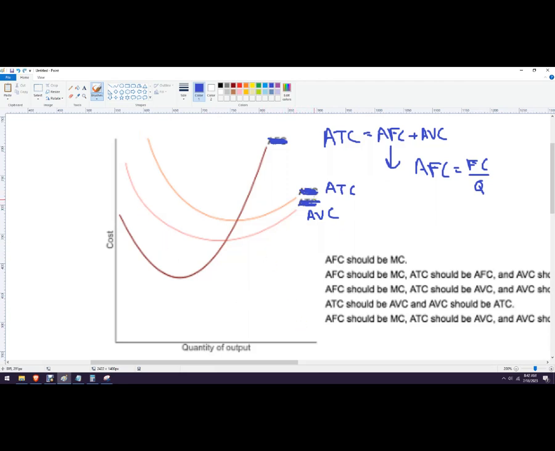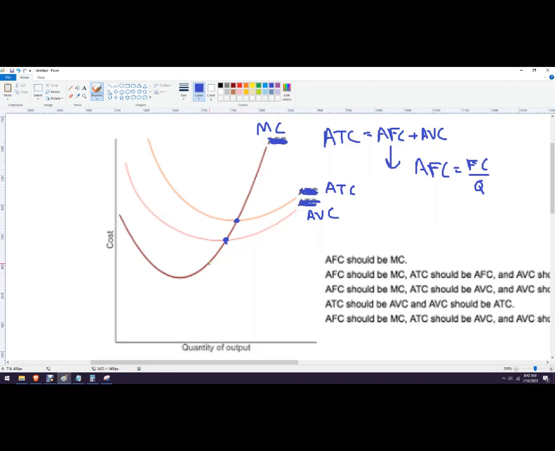So this leaves us with the last one. You can see MC is there. This one right here is marginal cost. Something important to note is that marginal cost crosses average total cost and average variable cost at both of their minimums. The reason is that marginal cost is the cost of the next unit.